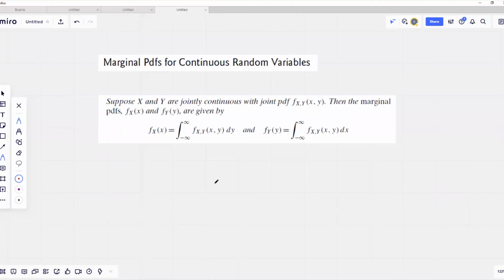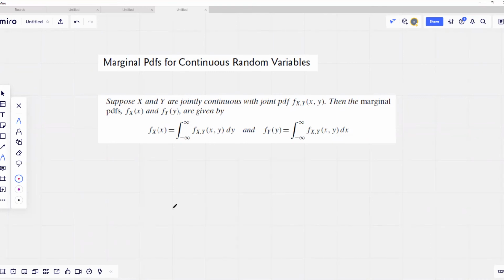Similar to the case when we were finding marginal or individual PDFs from joint PDFs when we were working with discrete random variables, we'd also be interested in finding marginal PDFs for continuous random variables. In a discrete case, if we had a joint PDF of random variables x and y, then to find marginal PDF of x, we had to sum over all values of y.